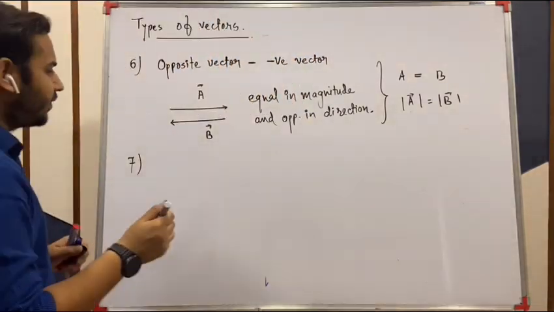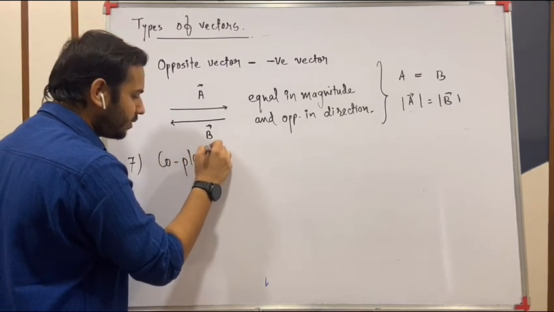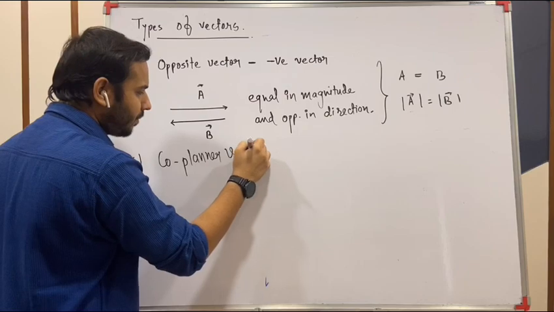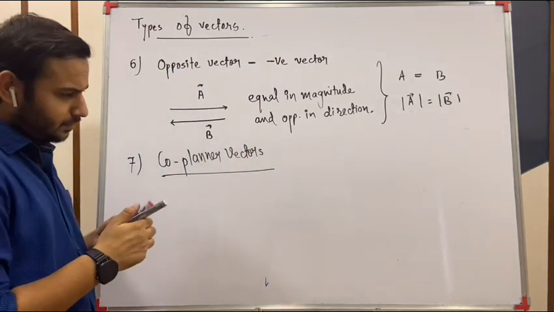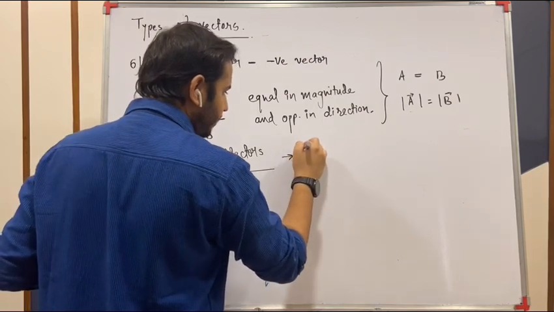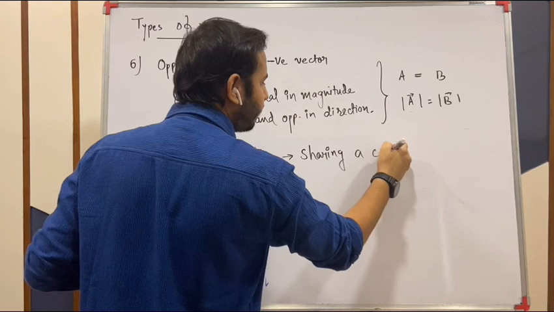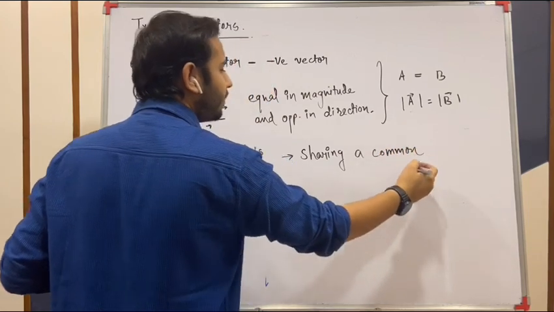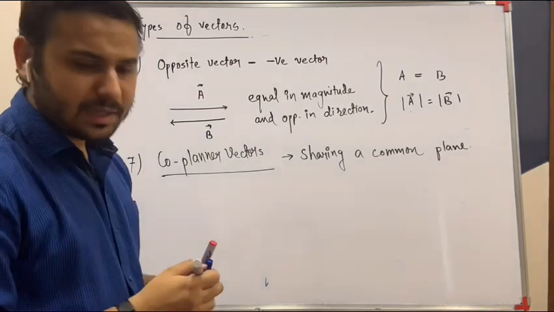Okay, now seventh, coplanar vectors. Coplanar is what? Sharing a common plane, or lying in same plane.